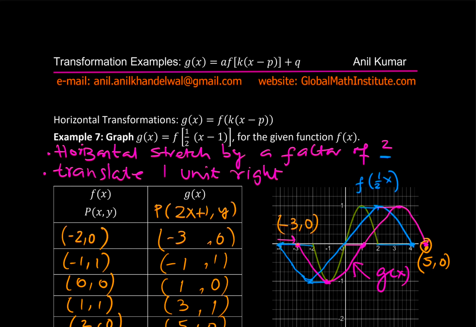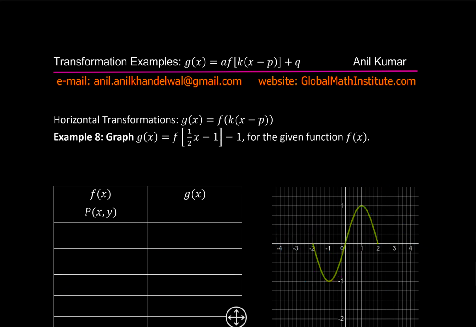Now let us see what really happens when we do the transformation where multiple transformations are being applied at the same time. So example number 8, we have to graph g of x, which is equal to f of half of x minus 1, minus 1, for the function f of x given to you.